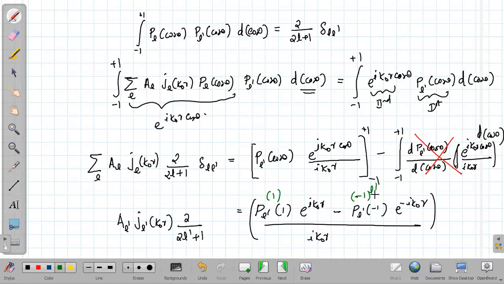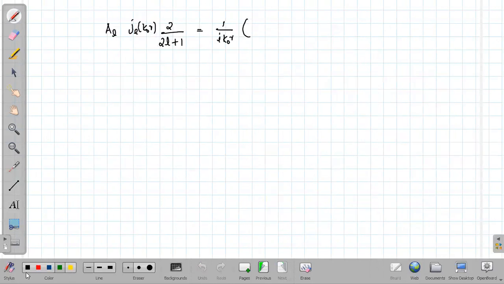We have to replace L prime with L, and it becomes e raised to i k0 r minus (minus 1) raised to L e raised to minus i k0 r.